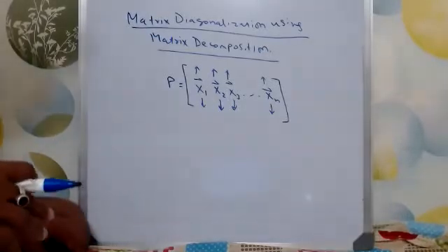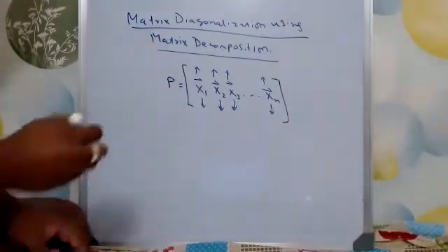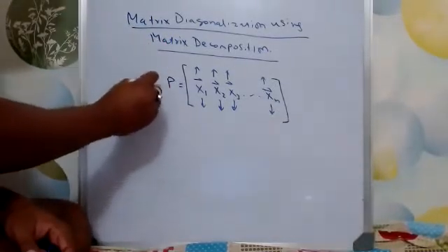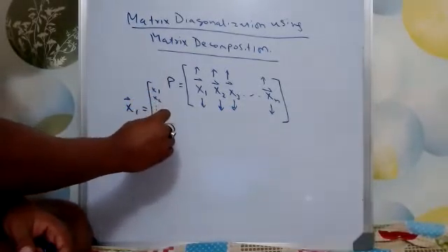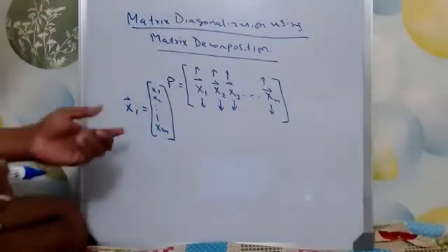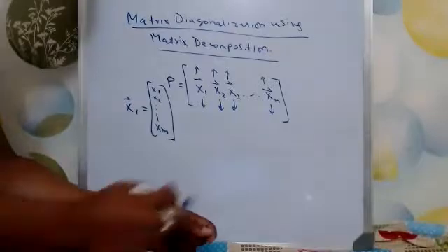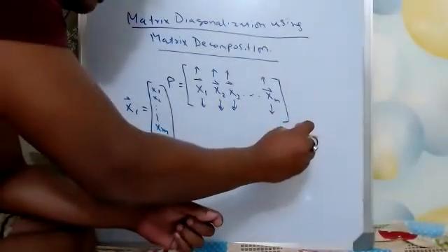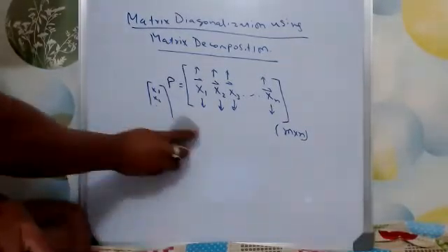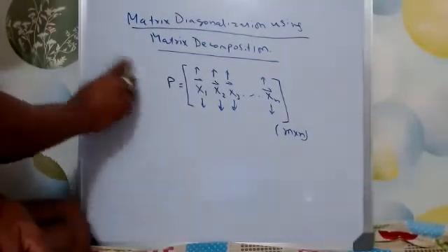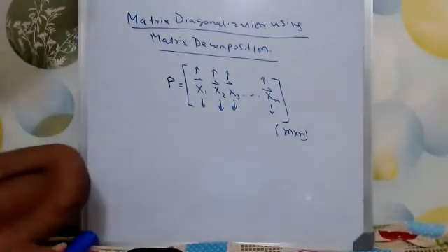If the dimension of any one eigenvector x1 = x1, x2, like this, xm is m, then what will be the dimension of this one? This will be an m cross n matrix. So P is a matrix composed of the eigenvectors of A stacked horizontally.